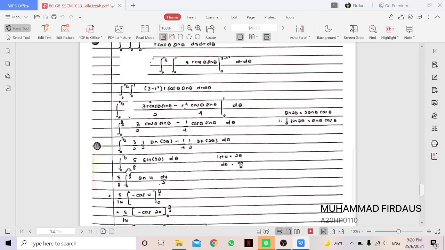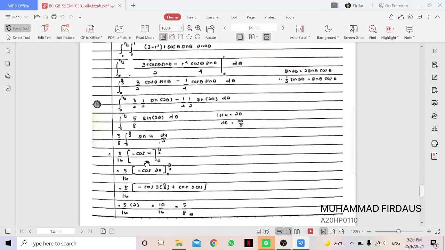We can move the constant to the outside of the integration and we get negative cos u with the limits pi over 2 and 0, and then we change the u to 2 theta and we use the values and we get negative cos 2 in the bracket pi over 2 plus cos 2 in the bracket 0, and then we multiply by the 5 over 16 and we get 5 over 8.